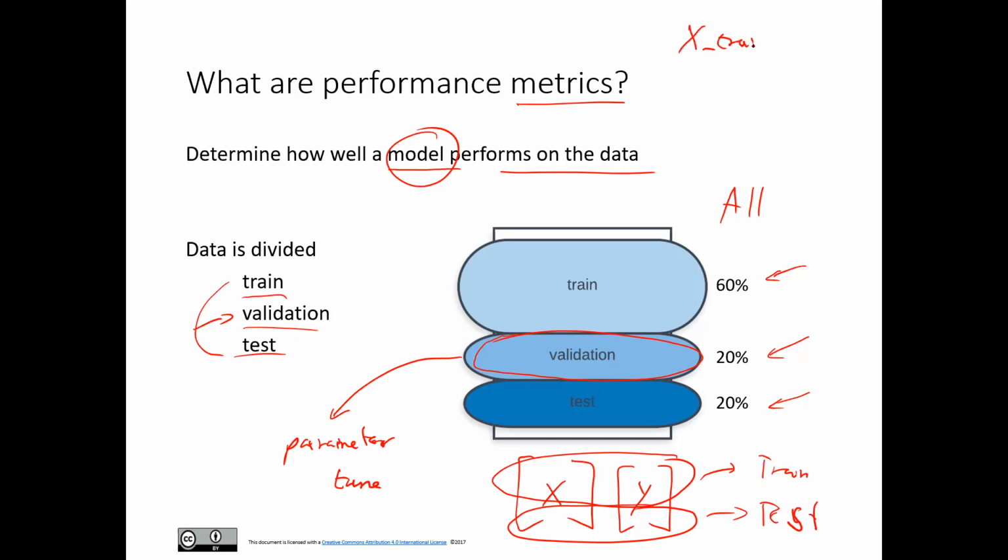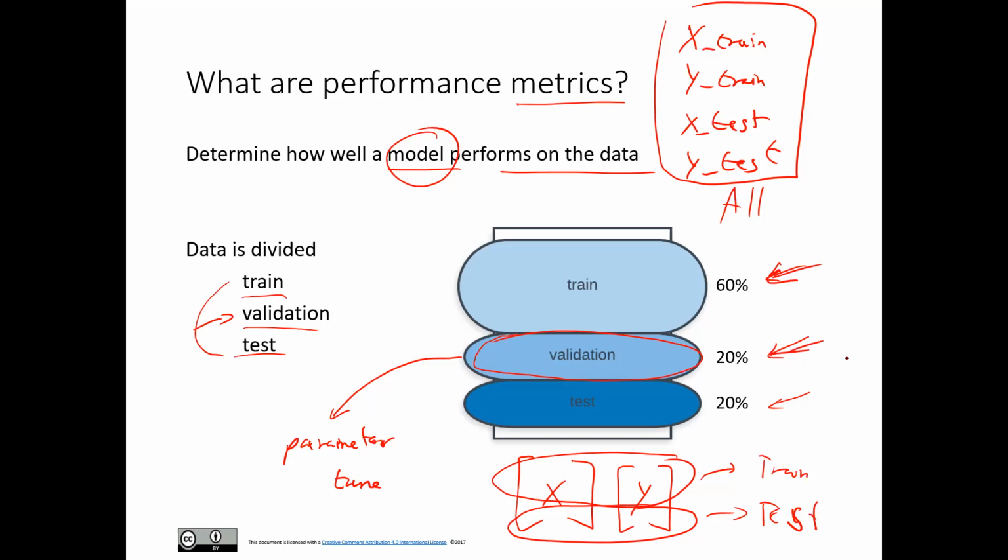X train, y train, x test, y test. Now you can see how easily we could split this further and produce the other two, x validation, y validation. Okay, so that's also possible. But just remember, these are the splits.